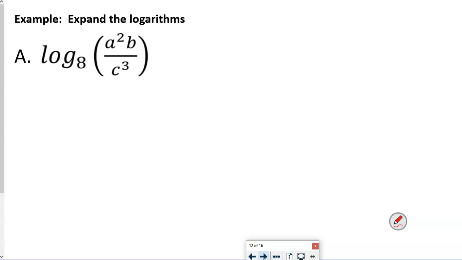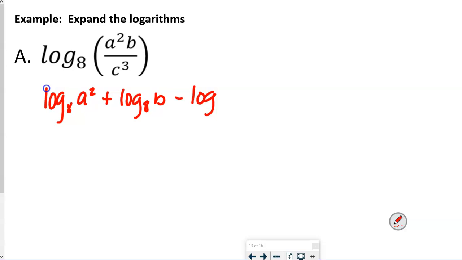Okay, so now we're going to work a couple together, and then I'm going to have you guys do some. We've got log base 8 of a squared b over c to the 3rd. We're going to step this out in our process. We have log base 8 of a squared plus, because the b is on top, log base 8 of b, and then minus for the c to the 3rd, log base 8 of c to the 3rd.